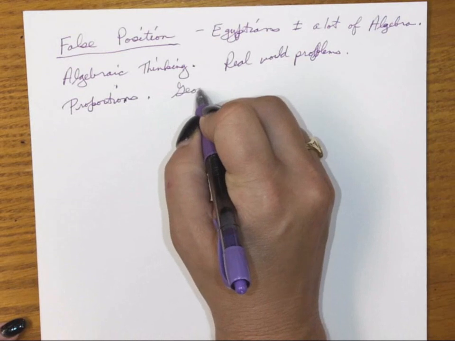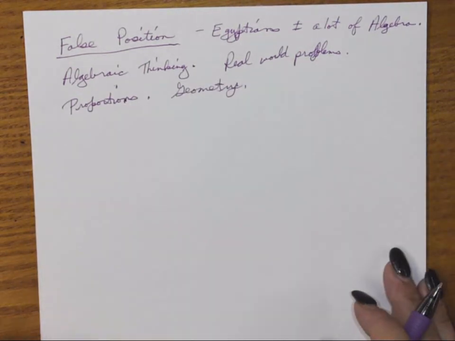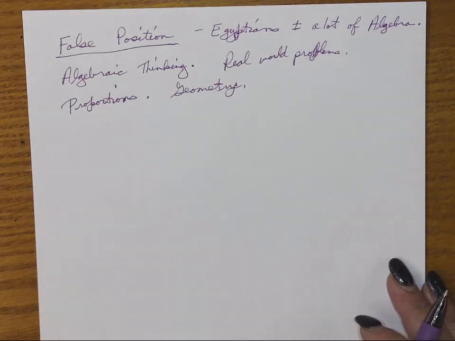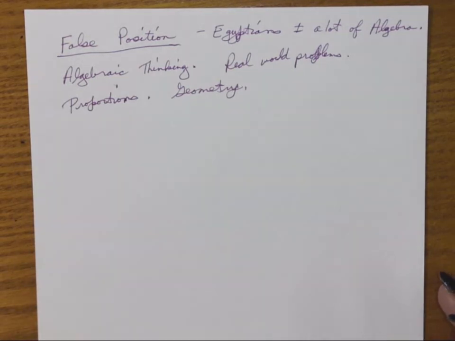And sometimes it was geometry, but with a blend of algebra. So unfortunately, again, they didn't have the notation to call an unknown quantity X or Y. Okay, they just weren't to that level yet. But they did understand that sometimes you need to find an unknown quantity and do some stuff.